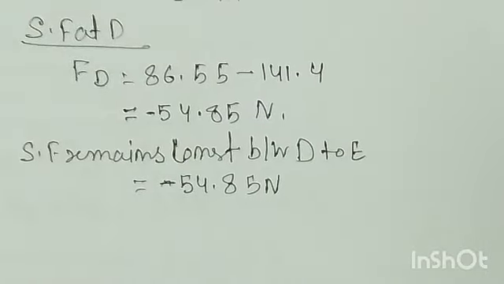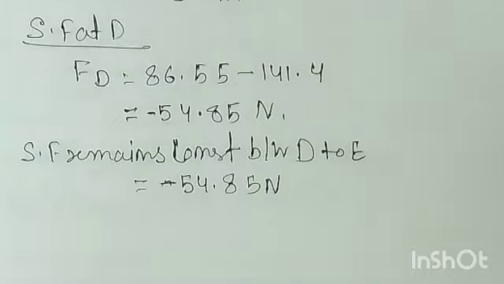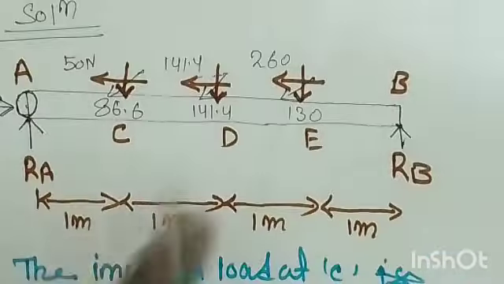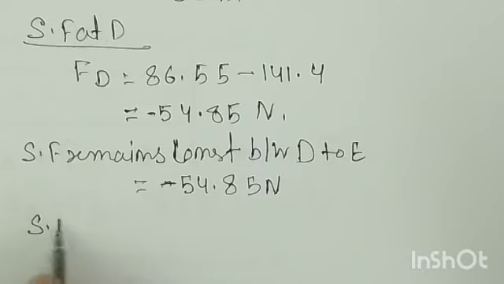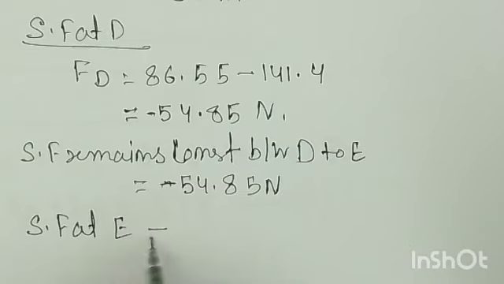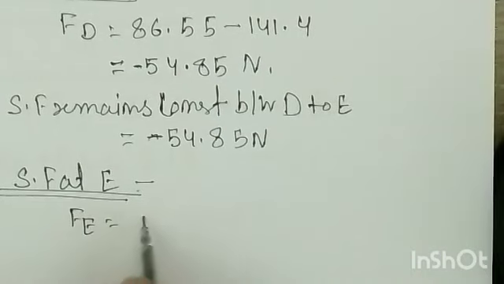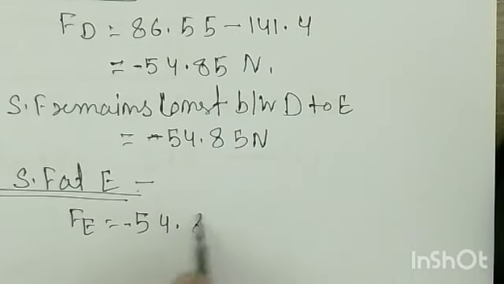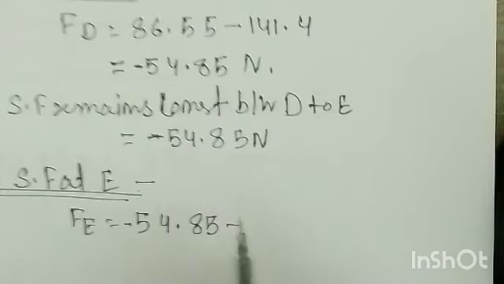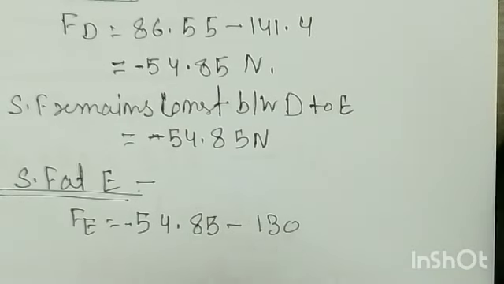Now at E you have one more force. If you look, the 150 Newton vertically downward will be subtracted from minus 54.85. So the shear force at E, FE, is equal to minus 54.85 minus 150, right?